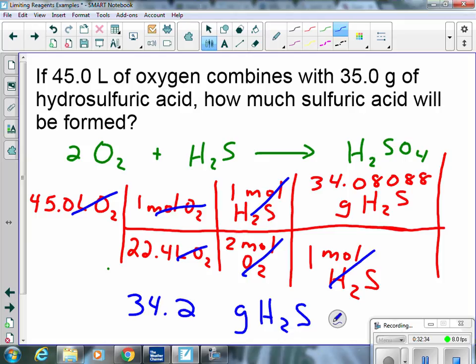So in my calculation, I come up with 34.2 grams of H2S. So what is limiting this reaction? What is my limiting reagent?